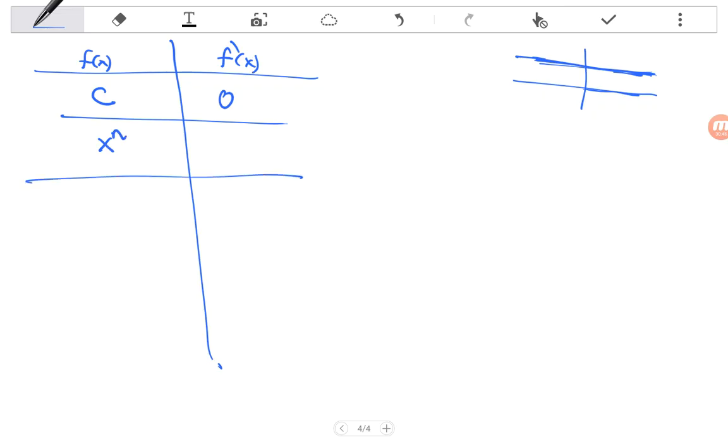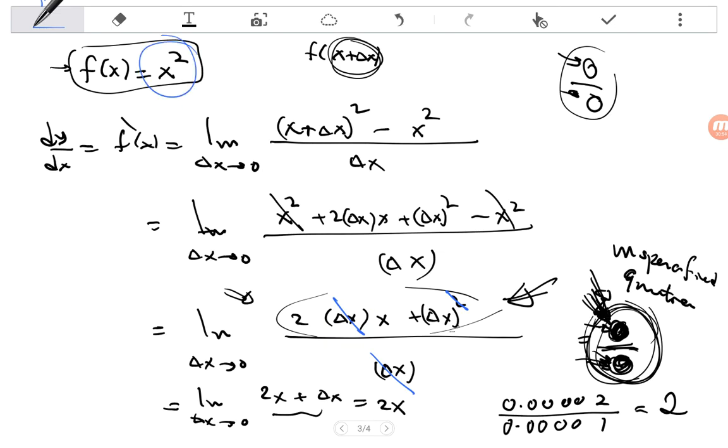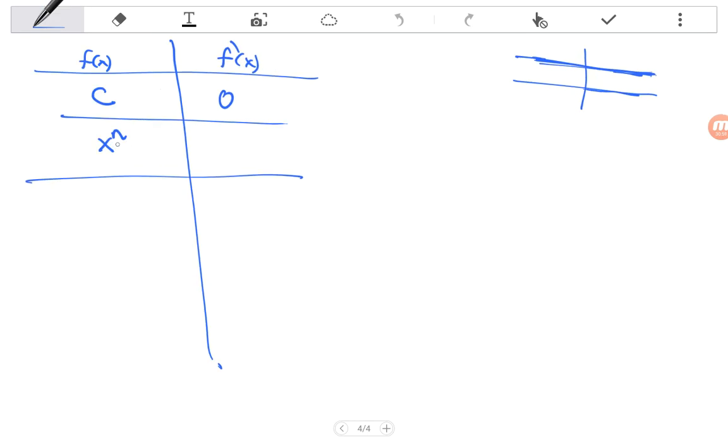We also know the derivative of a power function. What is the general rule for that? It is taking down the power, then subtracting 1 from the power.